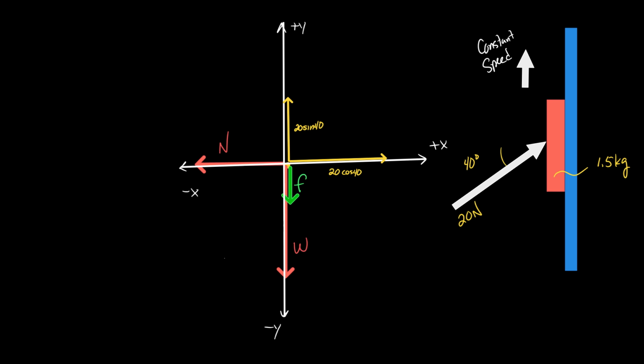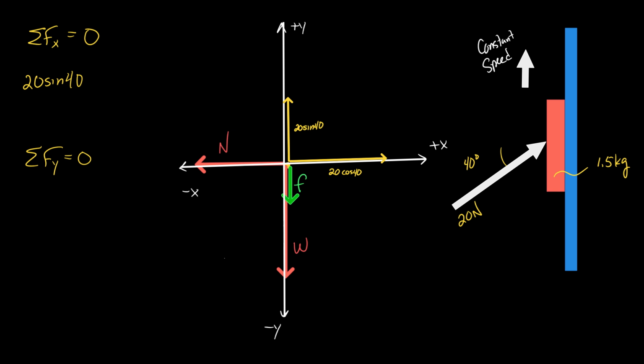Newton's law said that the net force equals 0, but now we say the net force in the x direction equals 0, and the net force in the y direction equals 0. And this becomes 20 sine 40.